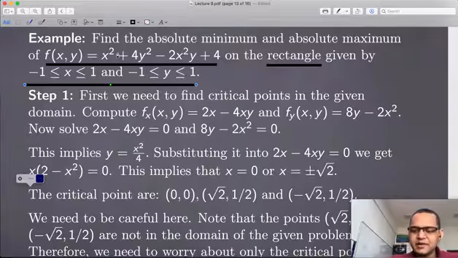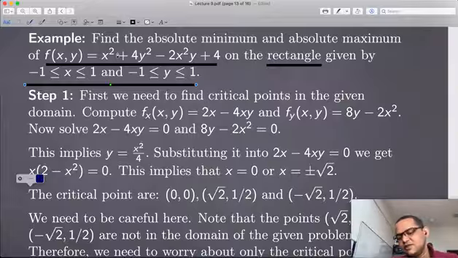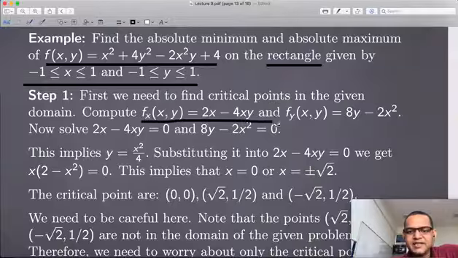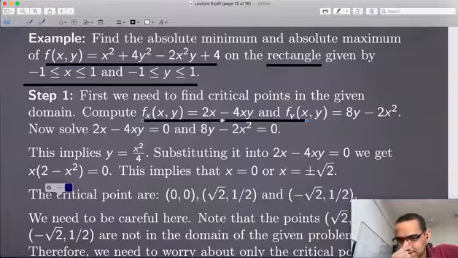In order to find the absolute maximum or absolute minimum for such a function where the domain is closed and bounded, that means it has a boundary also, and I know that absolute maxima and minima are guaranteed because of our extreme value theorem. So we need to go through these three steps. First, we analyze the critical points, so find them. To find the critical points, you first compute the partial derivatives.